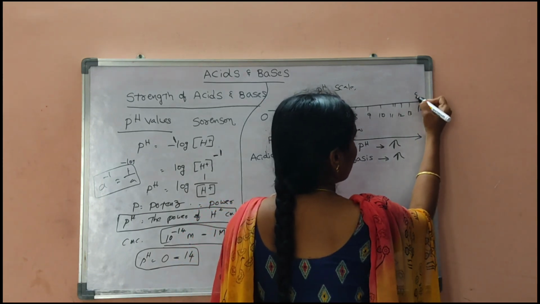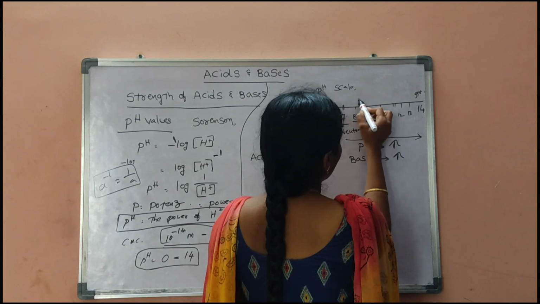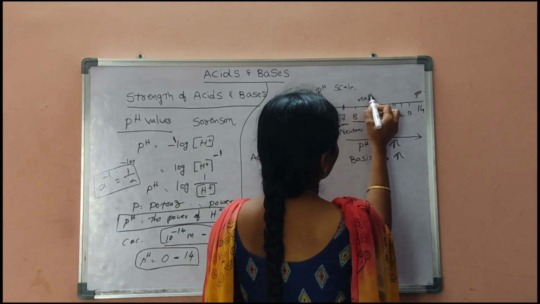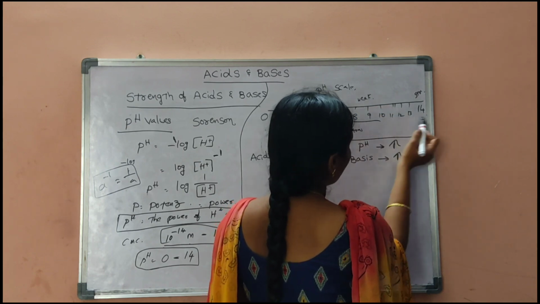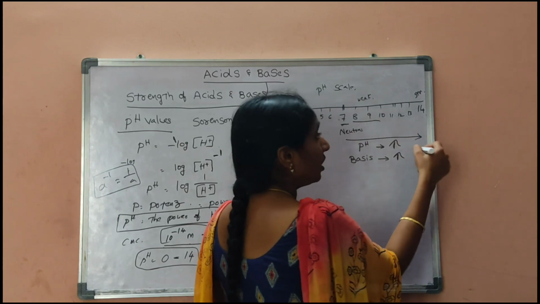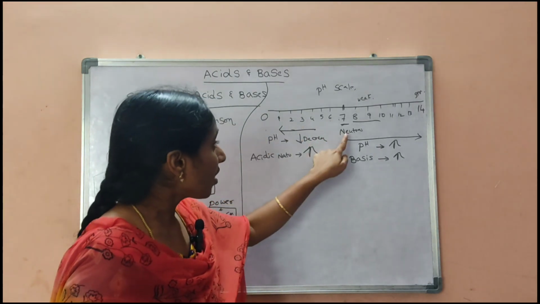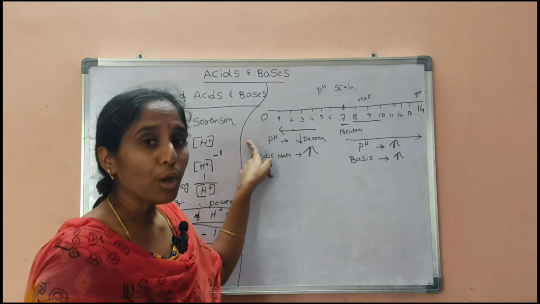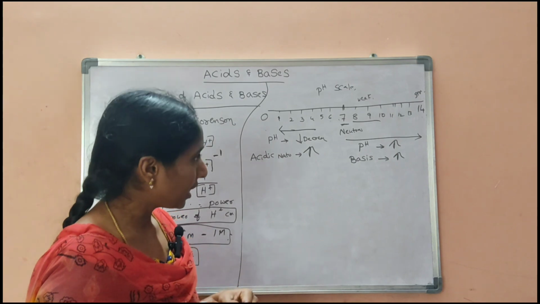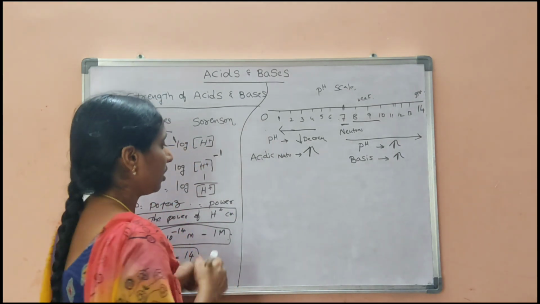This is strong, and this side is weak. From 7 to 14, the basic nature increases. From 7 to 0, the acidic nature increases and pH values decrease. This is about the pH scale.